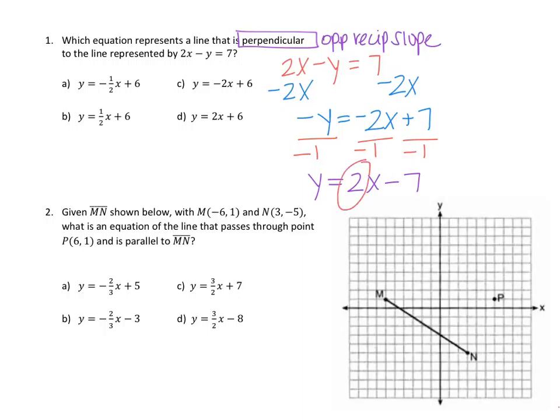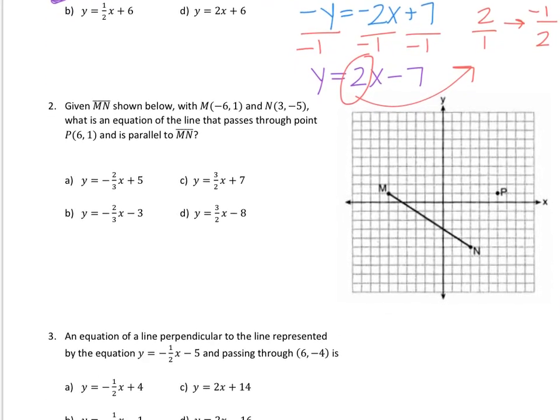Now I'm going to identify the slope as 2, but understand that I still need the opposite reciprocal. So again, 2 over 1 gets flipped upside down to become 1 over 2, and negated to become -1 over 2. So we're looking for an equation that has a slope of -1 over 2, which means that we end up with choice A. You can see that -1 over 2 is attached to the x.